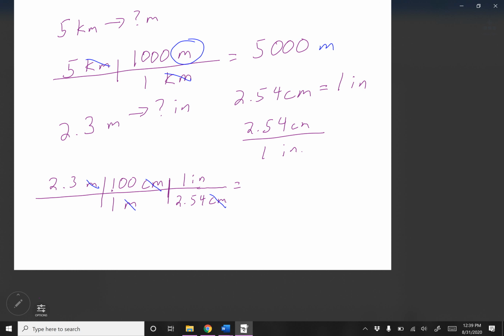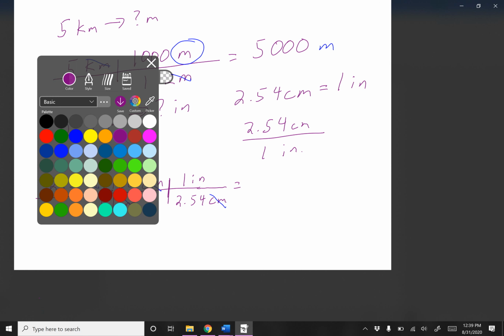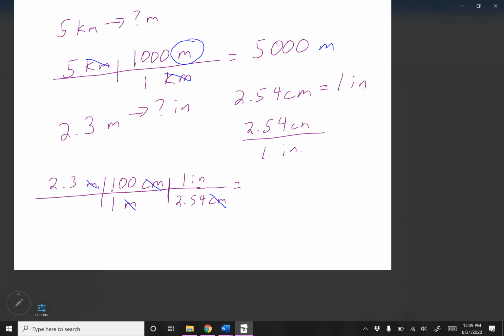So if we run this calculation, I'm going to pull a different color out for this. Choose red. What I want to do is say this times this times this, and then divide by everything on the bottom. So divide by this and divide by this.